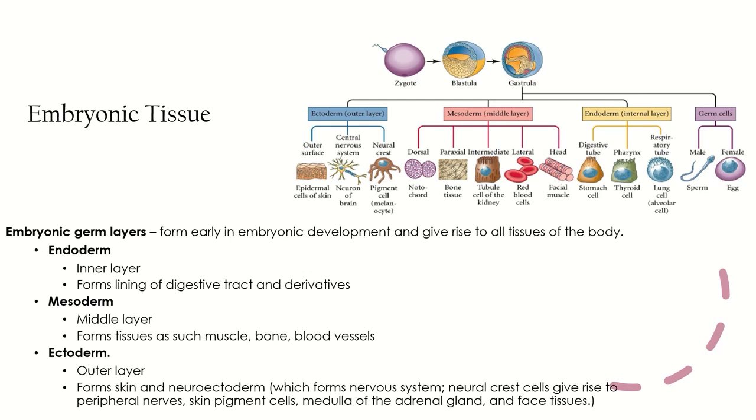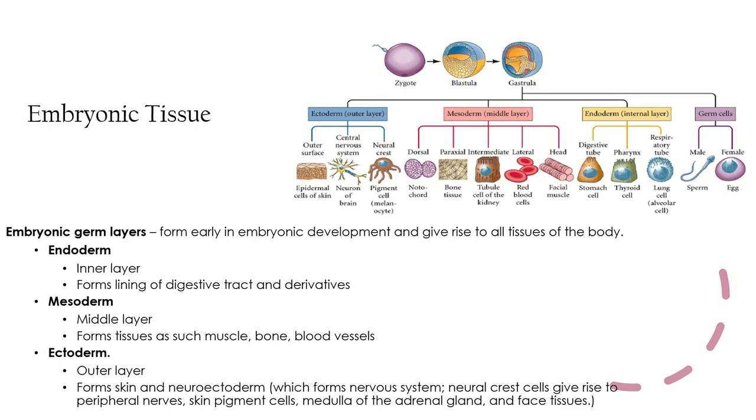The three different tissues go and do different things. So endoderm is the inner layer of the embryo. It forms most of the digestive tract and any derivative tissues and organs related to that. You have the mesoderm, which is in the middle here. That's really forming a lot of your connective-like tissues, such as muscles, bones, and blood vessels. And then your ectoderm, which is your outer layer.